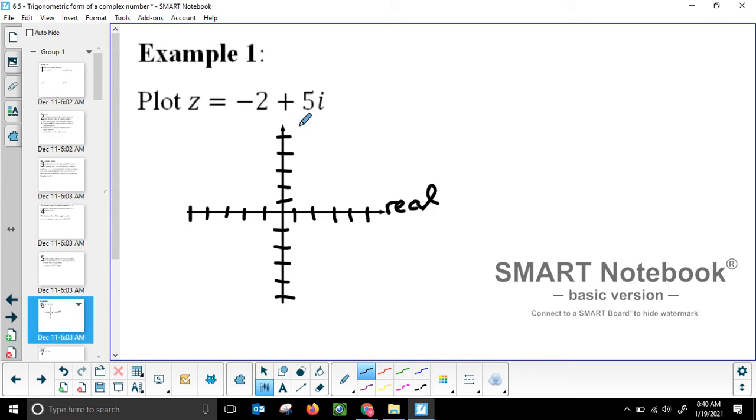And this is the imaginary axis. Remember this corresponds to a comma b, which is -2 comma 5. So we would plot it just like we would plot any point, like we used to back in pre-algebra. So -2, 5 would be right here. That's it. It is that easy.